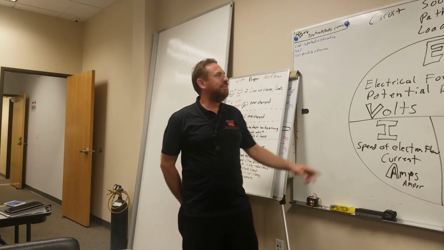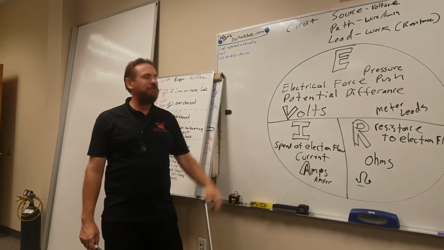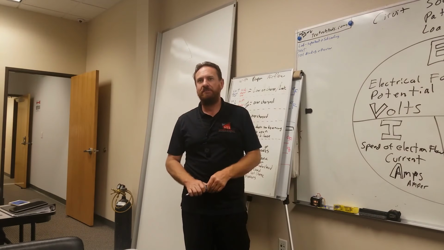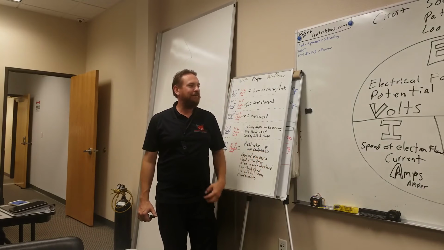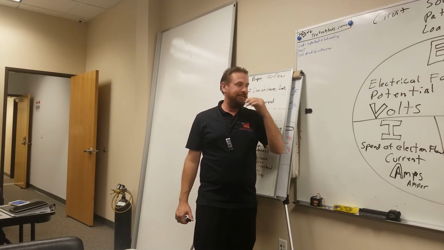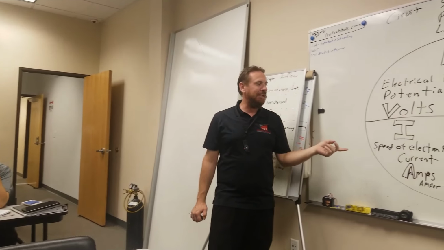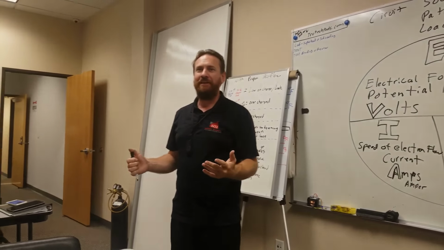All right, so we use the letter E for electromotive pressure. We use R for resistance to electron flow. Why do we use the letter I? What happened was this Ampere guy was out with the pirates, and they had gone onto this really cool island to bury their treasure. While he was waiting out there, he started doing some electrical experiments, and they were camping while they did this.